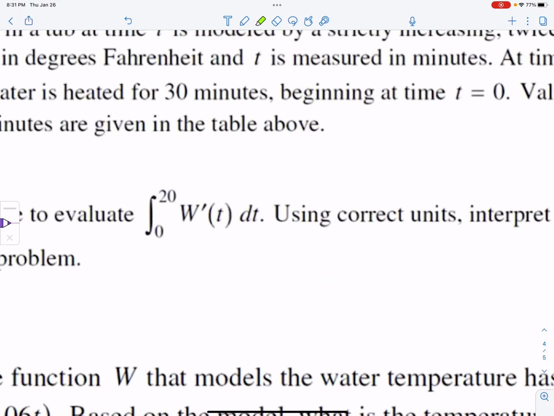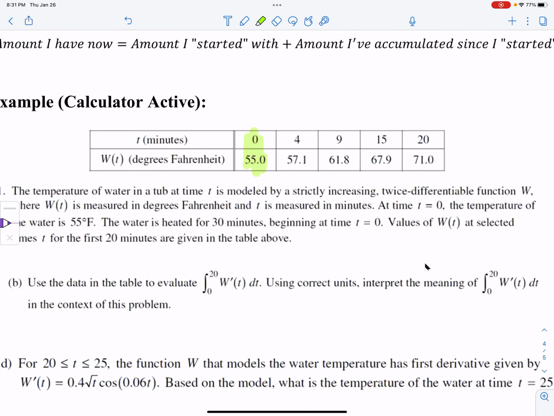Well, W prime would be the rate at which the temperature in degrees Fahrenheit is changing with respect to time in minutes.